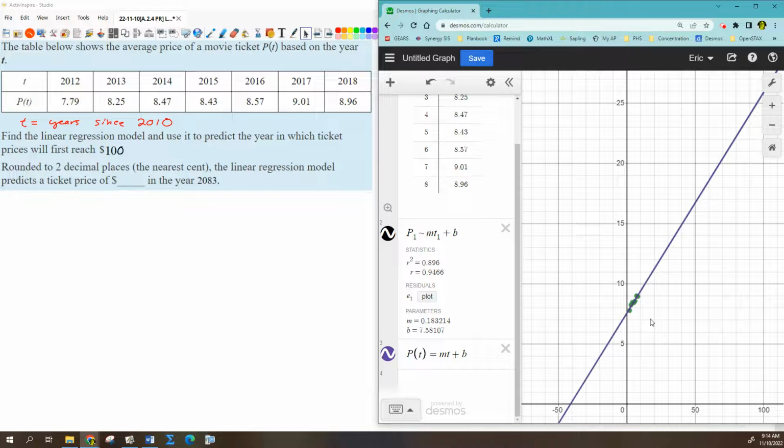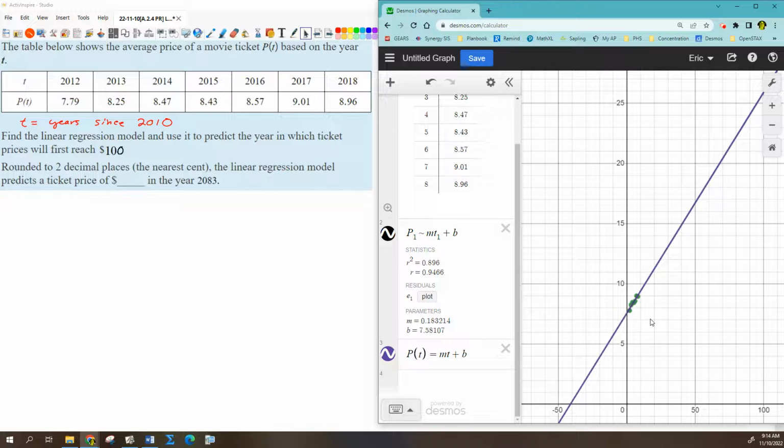It's not asking me for a specific input value. It wants to know, when is the output price going to be 100? What can we do? We did some stuff like this in Unit 2. If I want to know what input gives me an output of 100, what was my trick?